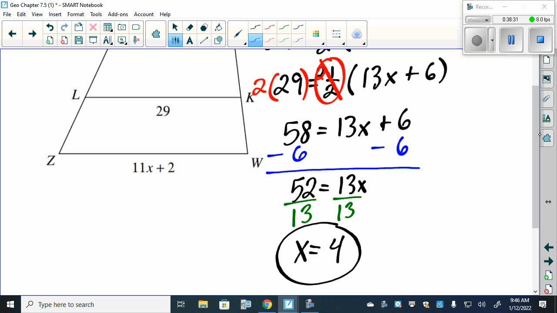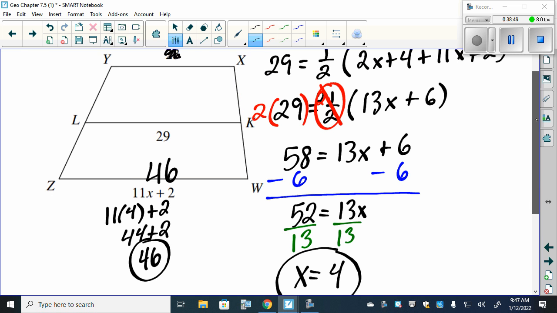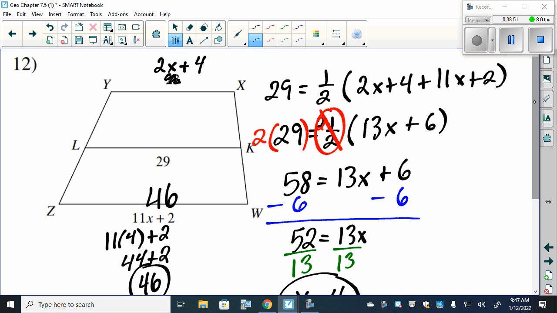Now, if we want to see what the other two sides would be, we can plug it back in. So we could say 11 times 4 plus 2. 11 times 4 plus 2 is 46. So our side here would be 46. Over here we would have 2 times 4 plus 4.